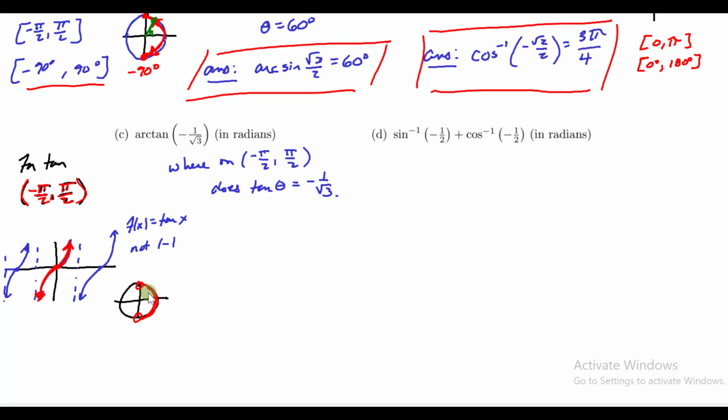This is always a little bit strange. I open up this way, so I go this way up to pi over 2, or I go down this way to minus pi over 2. The only answers I'm allowed to give have to be in this region. So the answer to this is theta equals minus pi over 6.